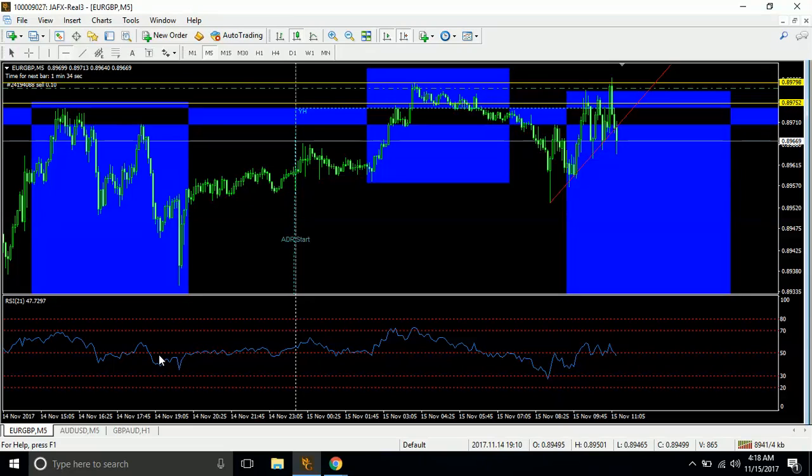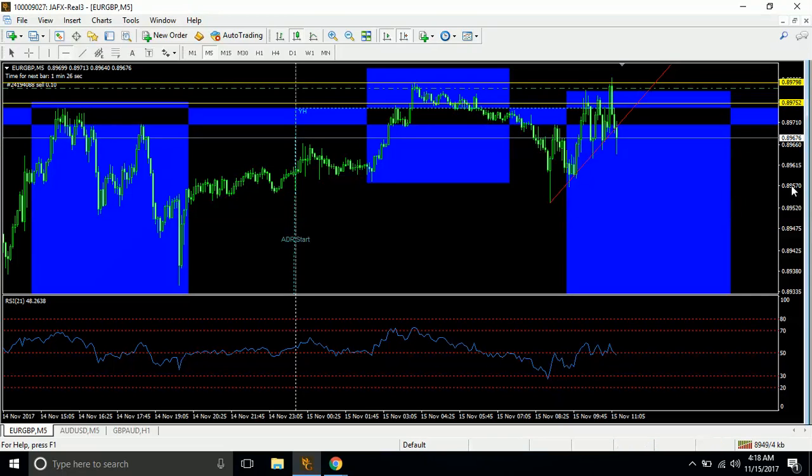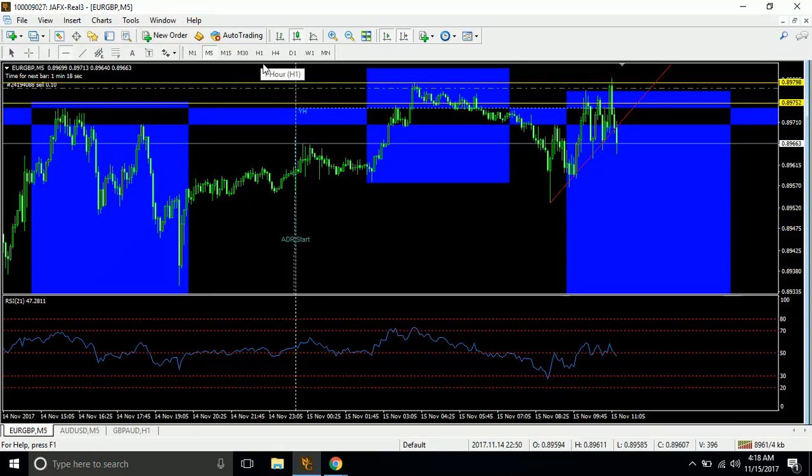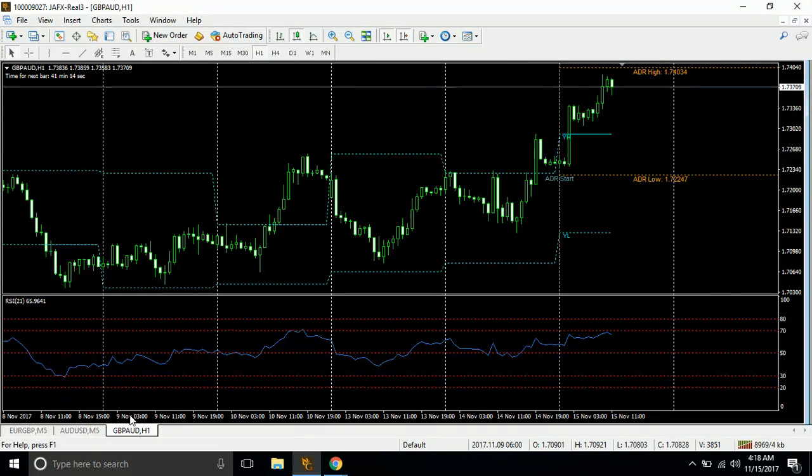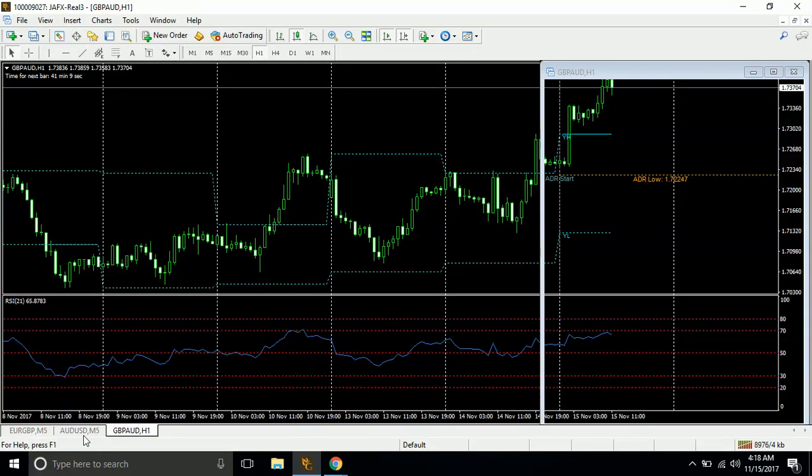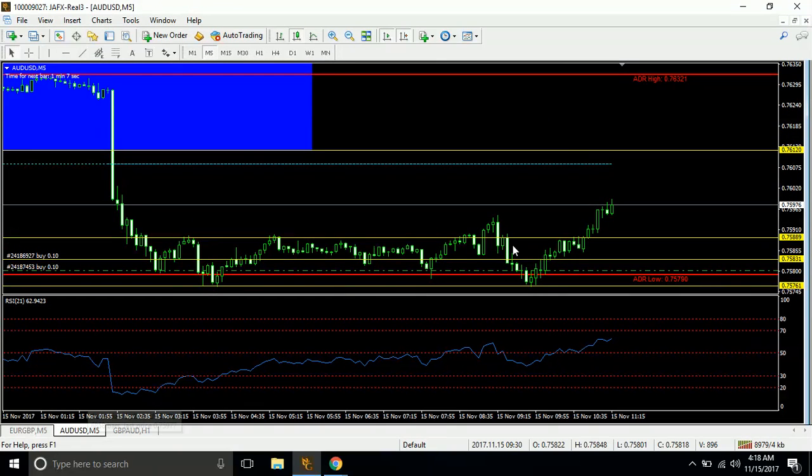Alright, so like I said, with this news release, I anticipate it taking the euro to the downside. Pound to the upside. Aussie to the upside.